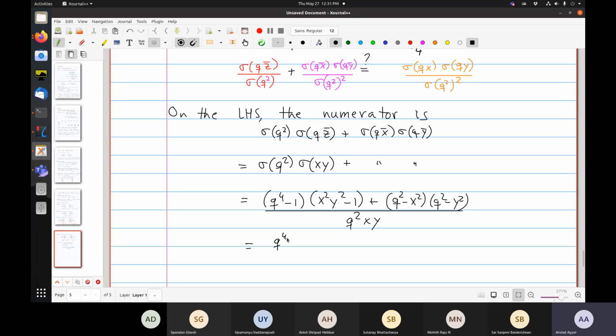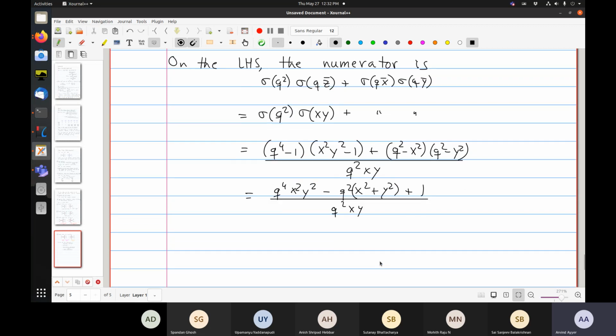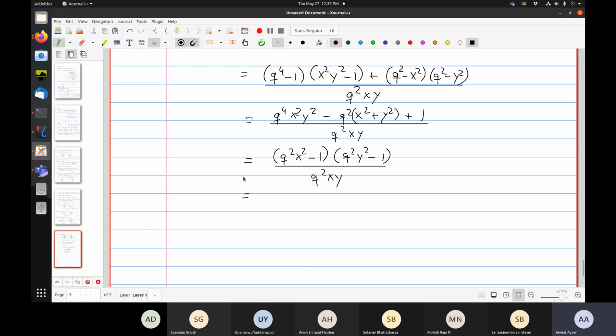And so you will get q to the 4 x squared y squared minus q squared times x squared plus y squared plus 1, divided by q squared xy, and that is equal to q squared x squared minus 1 times q squared y squared minus 1, divided by q squared xy, and that is precisely the numerator of the RHS. Any questions?